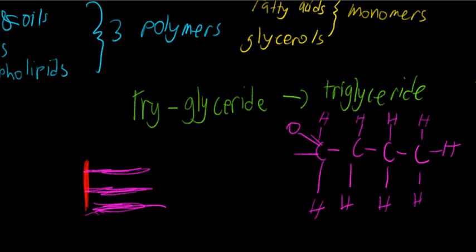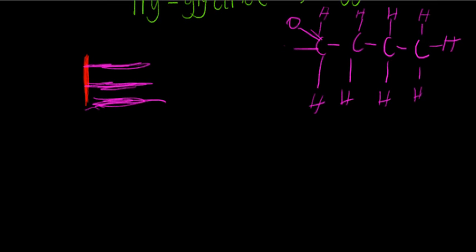This is just the structure. We have an oxygen, and then we will have an OH right here. That's the structure of a fatty acid, but when you actually bond it, it looks like this. Right here we have carbon, hydrogen, and then oxygen is what bonds these two together.